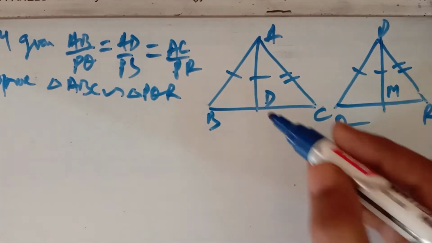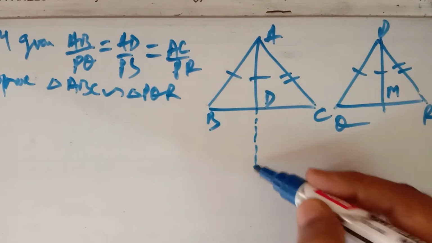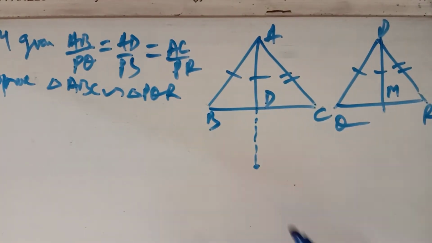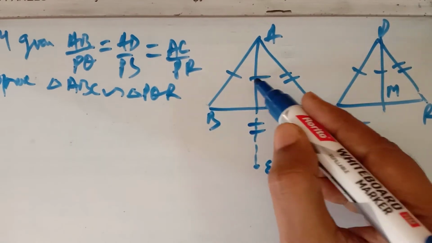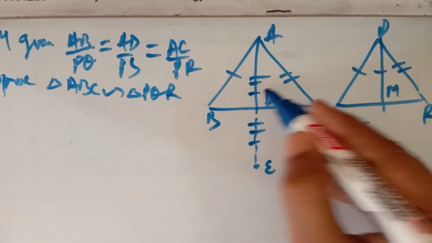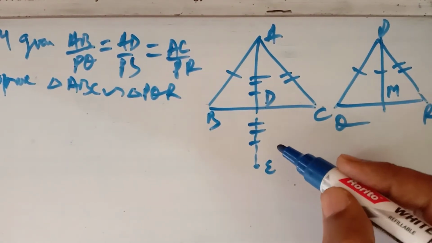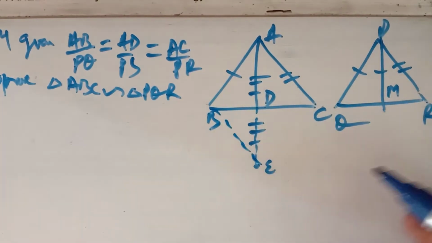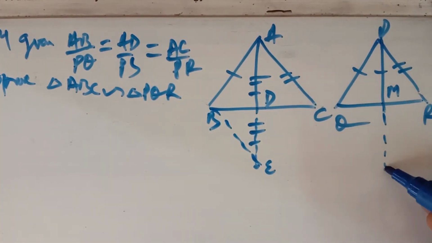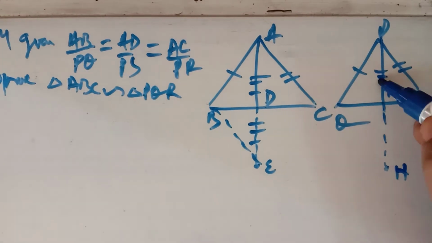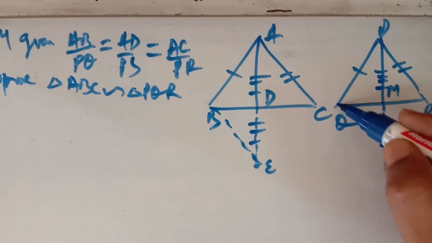It is somewhat lengthy question. In this, what you have to do: you have to extend AD to E such that this side is equal to this side, and join BE. Similarly, produce PM to N such that this side is equal to this side, and join.